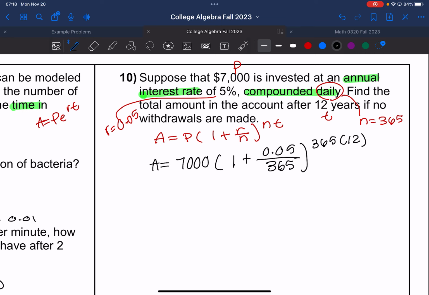So this one is compounding daily for 12 years. Plugging that into your calculator, you should get A is equal to 12,754.31.